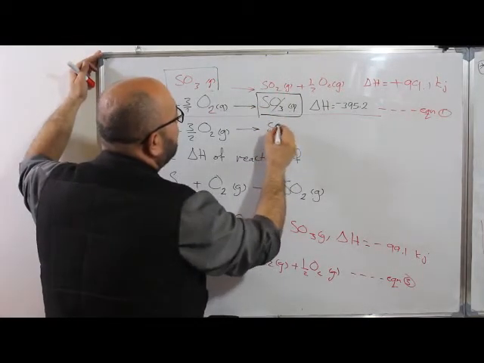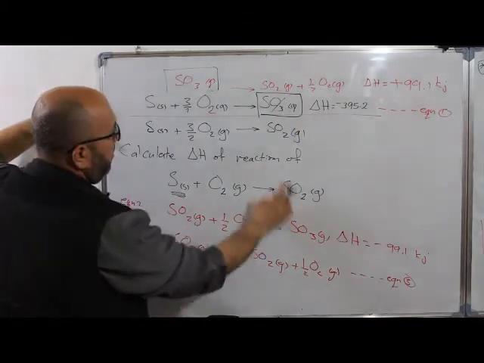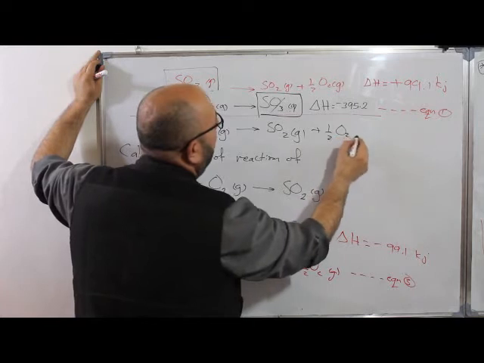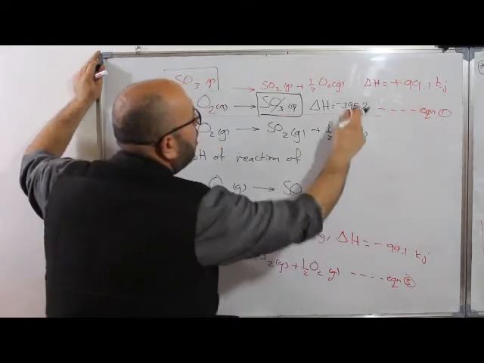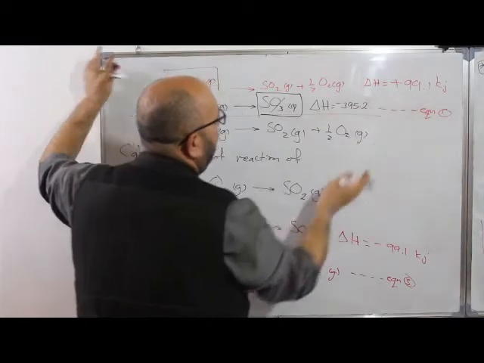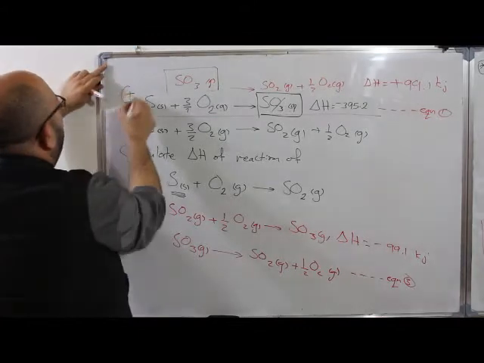What's left up? SO2, and it's our target here, plus half of O2 as a gas. What's going to happen to those? Actually add them to each other's, because we added both equations.